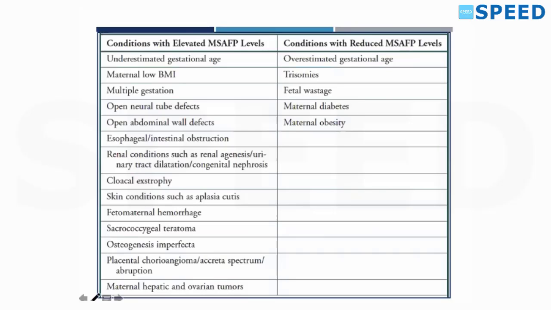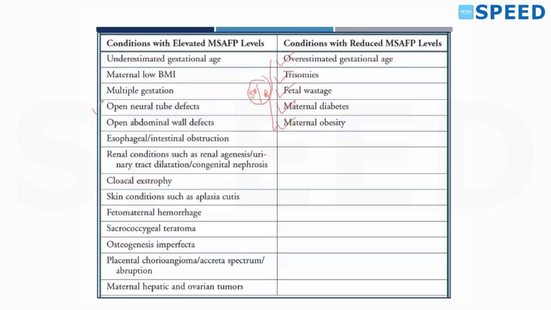So what are those? Overestimated gestational age, trisomies, fetal wastage, maternal diabetes, and maternal obesity. These are the 5 differential diagnoses associated with reduced maternal serum alpha fetoprotein levels. You need not remember the huge list showing elevated levels, because it is practically not possible to remember.